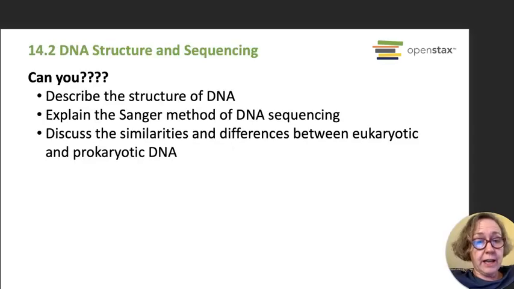So, overall, can you describe the structure of DNA? The three parts? Can you explain the Sanger sequencing method? And can you discuss the similarities and differences between how the prokaryotic DNA is just supercoiled and the eukaryotic DNA is wound around histones and then into chromatin?